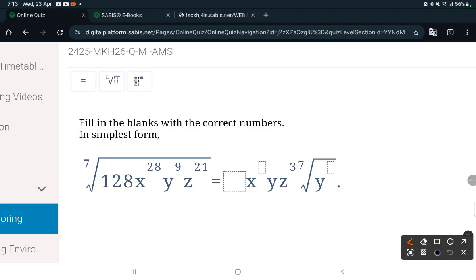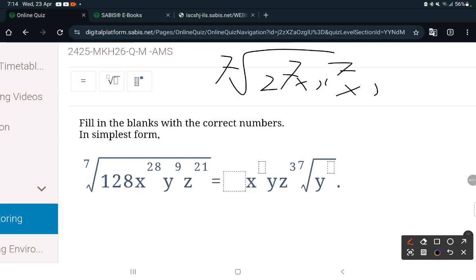Okay, so 128 is, again, we did that in the previous question. It's just 2 to the power of 7. We did it in like 3 questions. X to the power of 28 is x to the power of 7 multiplied by x to the power of 7, four times.